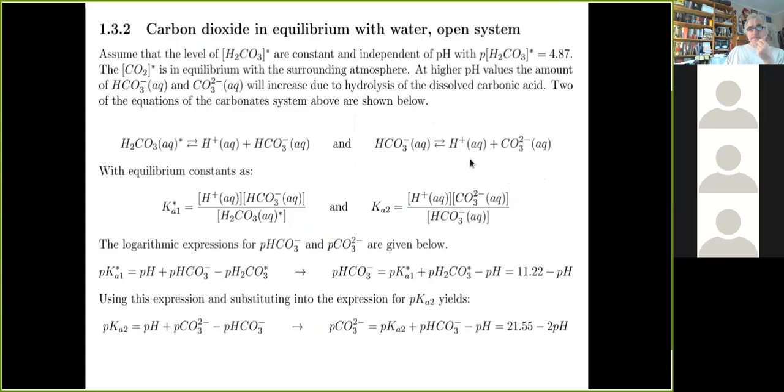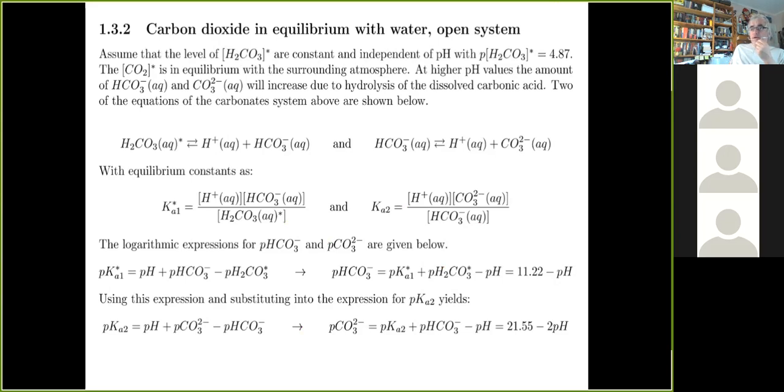Calcium carbonate is related to carbon dioxide, and let us have a look at what happens with carbon dioxide in equilibrium with water. In an open system, that is a system where carbon dioxide from the surroundings can enter or leave.